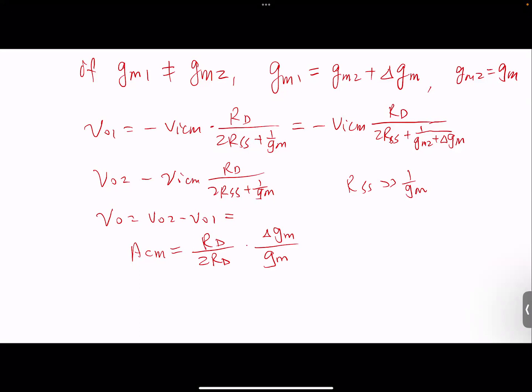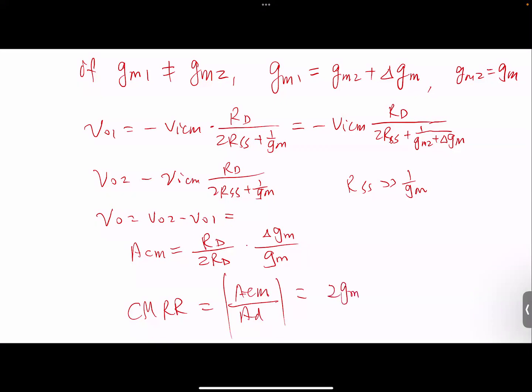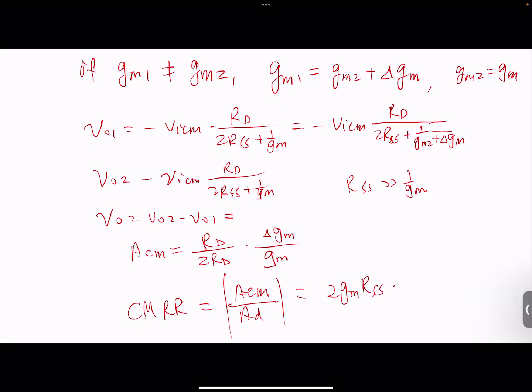So from here we can also define the CMRR equal to ADM over ACM. Then we get 2 GM times RSS times, so we get this one here.